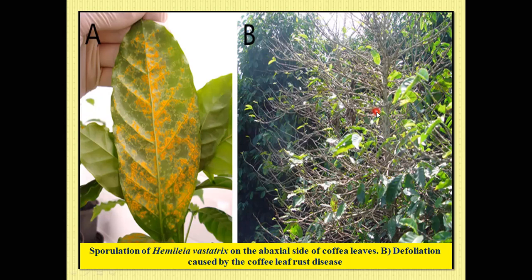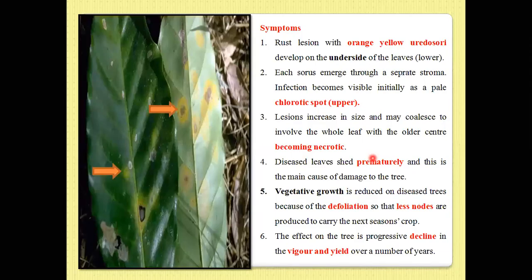So these are the symptoms produced on the coffee plant by Hemileia vastatrix.